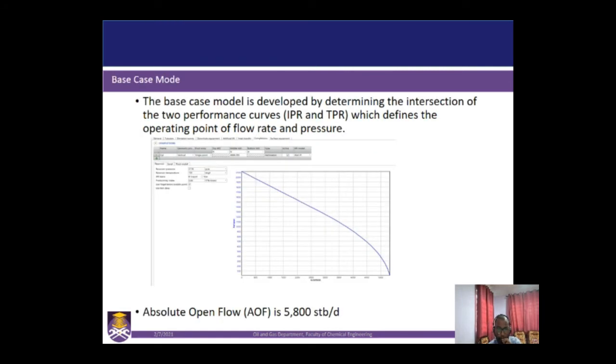The base case model is developed by determining the intersection of two performance curves, which is IPR and TPR, to define the operating point of flow rate and pressure. The absolute open flow AOF is around 5,800 stock tank barrel per day.